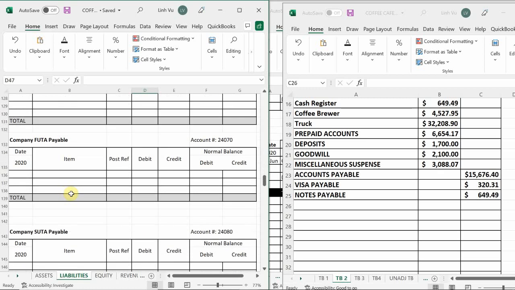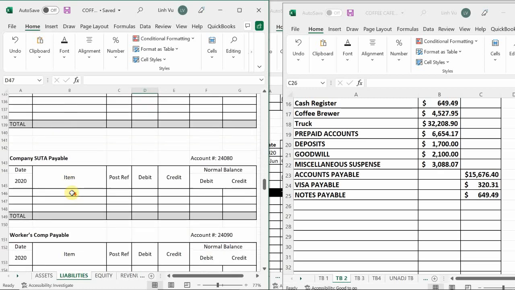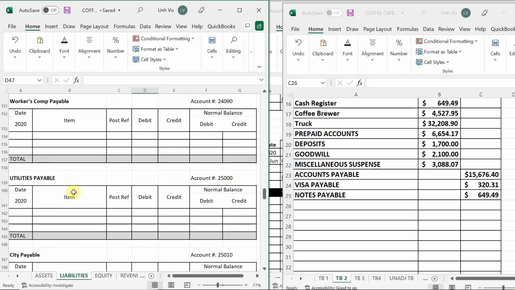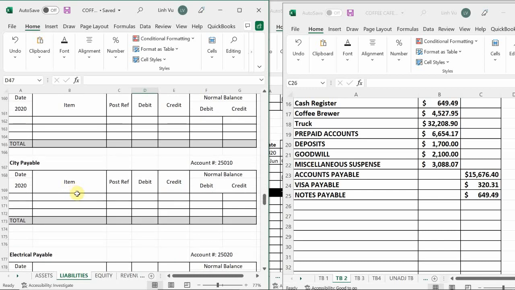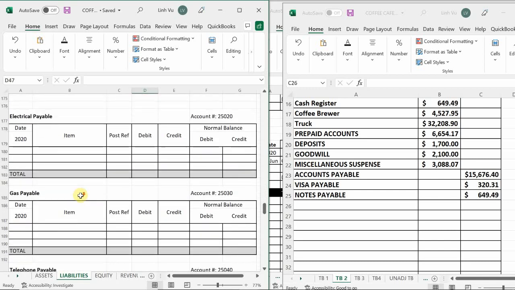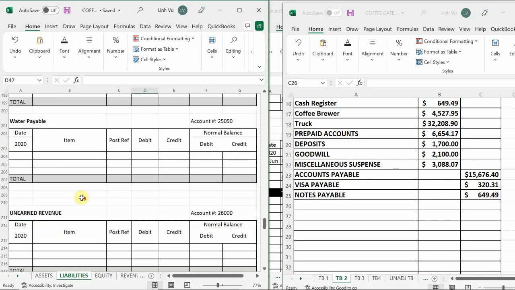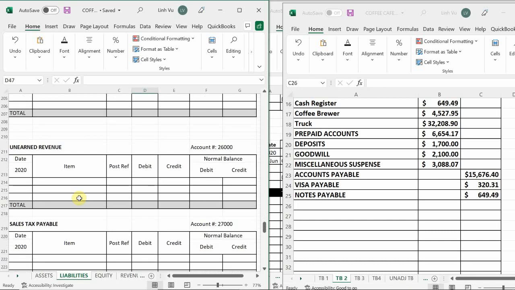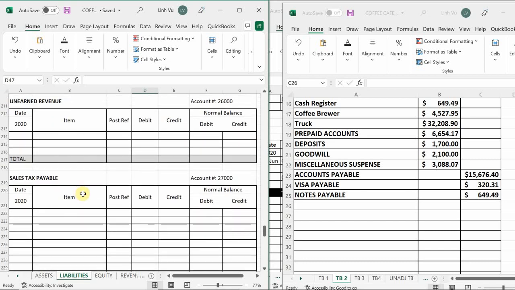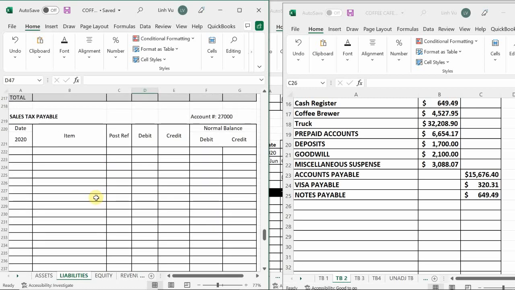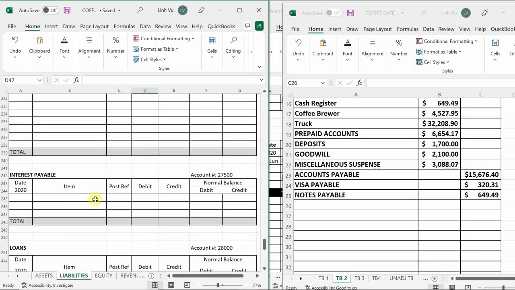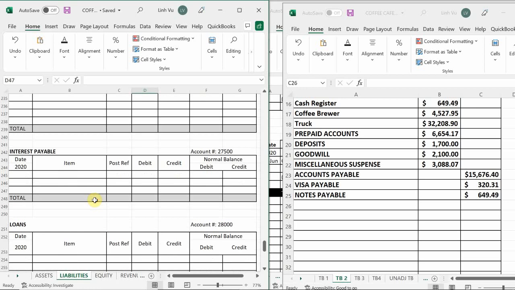Utilities payable: we haven't received a bill from our utilities yet, so nothing there. Unearned revenue, we haven't sold anything yet, so nothing there. Sales tax, we haven't sold anything either, so no sales tax there. Interest payable, well, we haven't gotten our first round of bills from our credit card company or my loan.